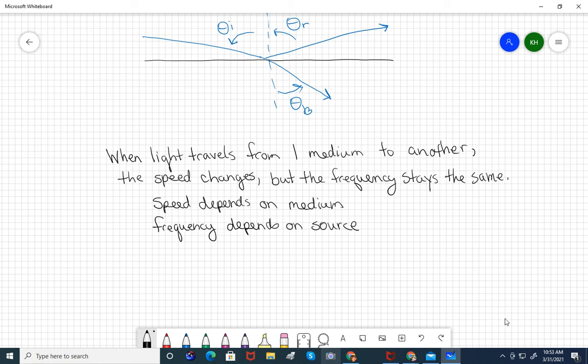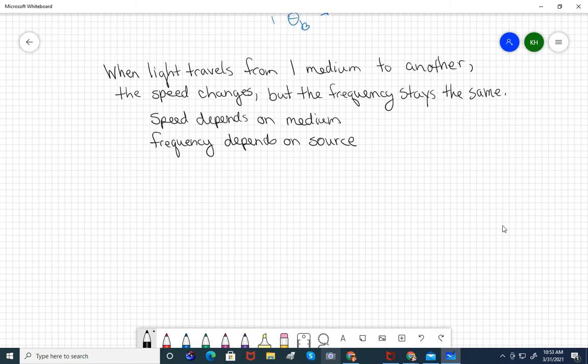Okay, so think about what that means. We know that the speed v is equal to the frequency times the wavelength. That's our old wave rule we've been using all along. So in a vacuum, we get c equals f lambda 0. Lambda 0 is the wavelength in a vacuum.